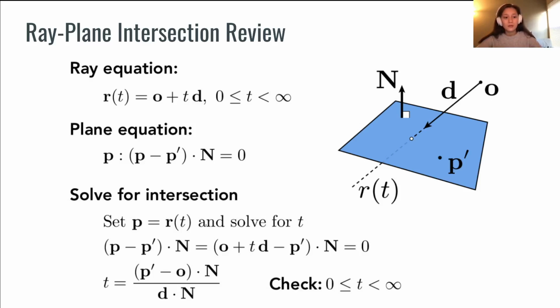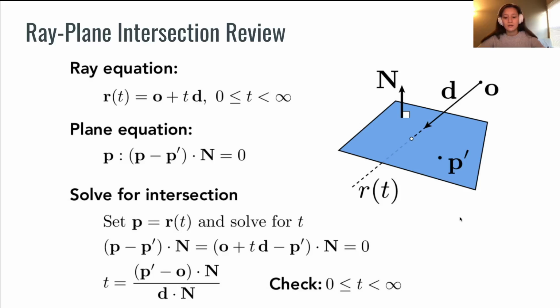And then we have our plane equation since we're doing our ray plane intersection. And in order to solve for intersection, we're going to set p equal to this ray equation and just solve for t. And that'll give us the time along the ray at which this ray intersects the plane.